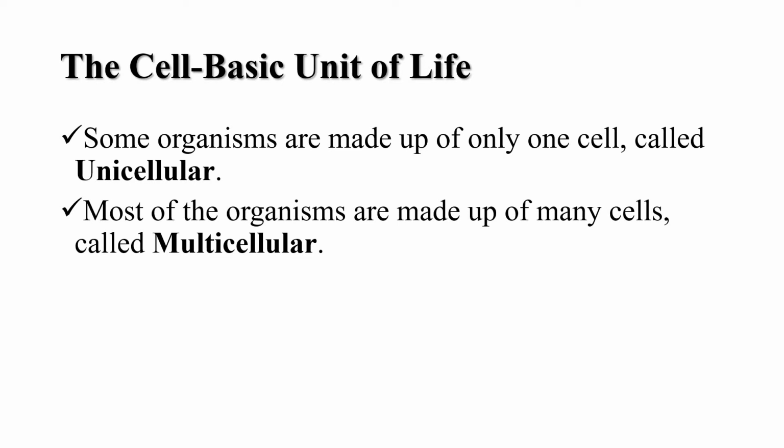Similarly, different organs of a plant perform specific functions. For example, roots help in the absorption of water and minerals, the stem transports them, and leaves synthesize food for the plant. And finally, many organ systems make up an organism. Thus, we can understand that cells are the basic structural units in living organisms.